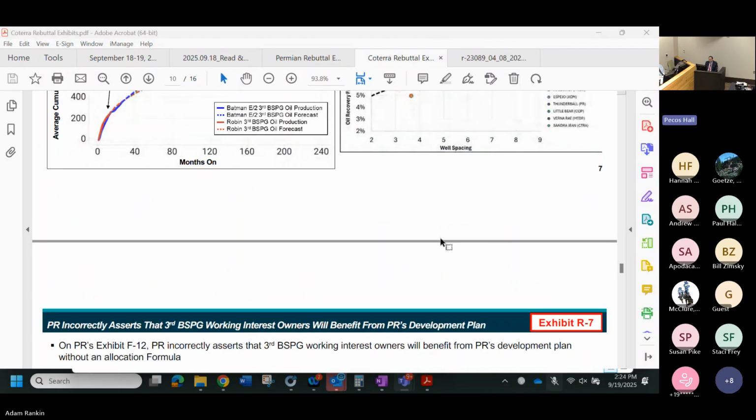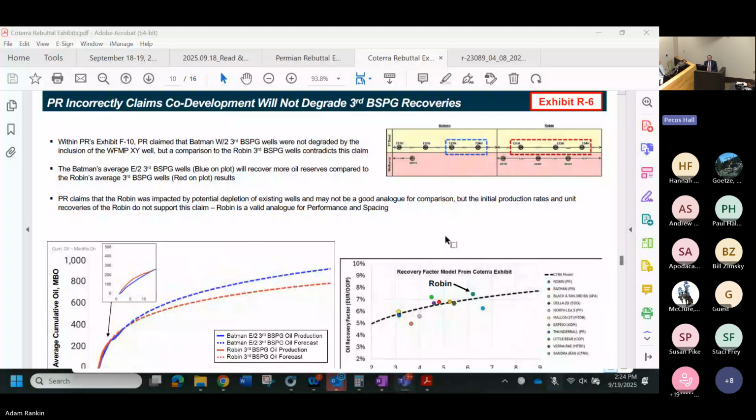Okay, going back to R6, you testified that, and this is a change in the testimony from Coterra, that actually Coterra could drill more than 10 wells in a year. Is that correct? So as I stated in my testimony just a moment ago, the testimony was given by a landman, and she gave that perspective from her expertise, which would be around permits that Coterra has.